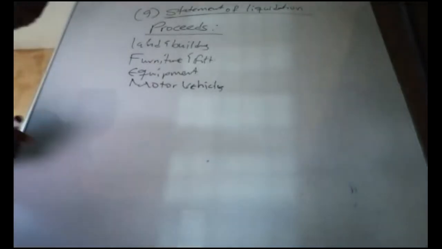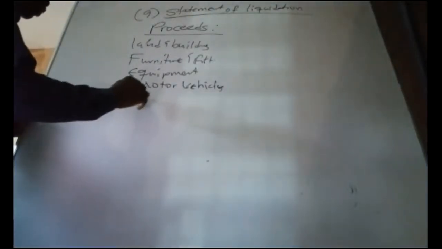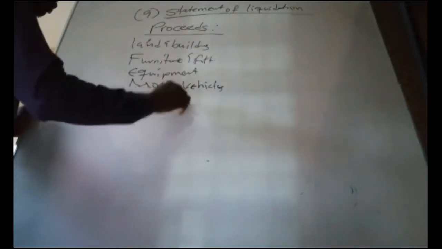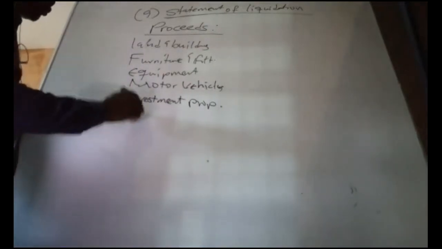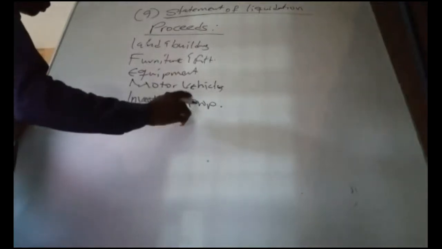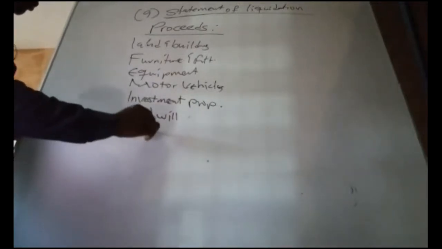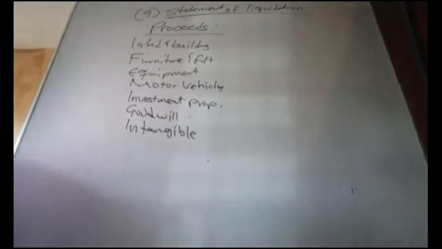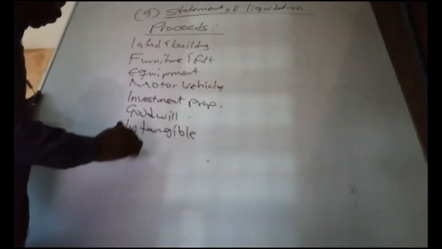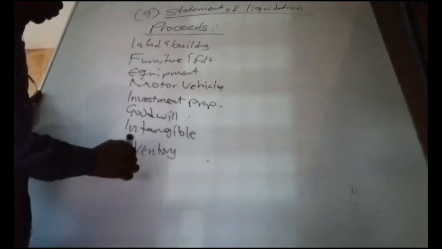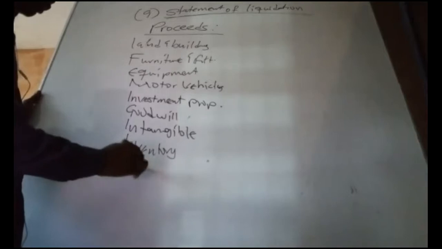So you go to investment property, goodwill and intangibles, and you continue, list all the assets. Inventory, trade receivables.